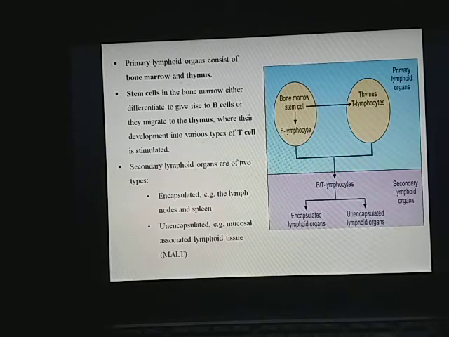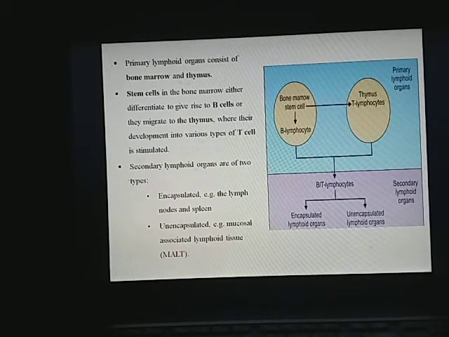Stem cells in the bone marrow either differentiate to give rise to B cells or they migrate to the thymus, where their development into various types of T cells is stimulated.